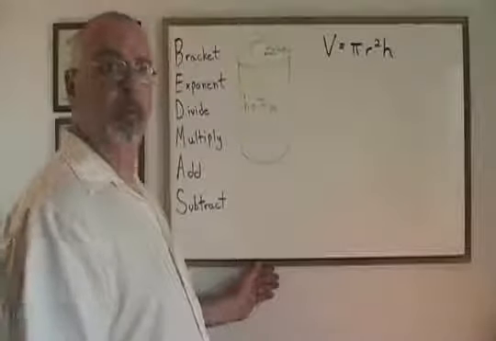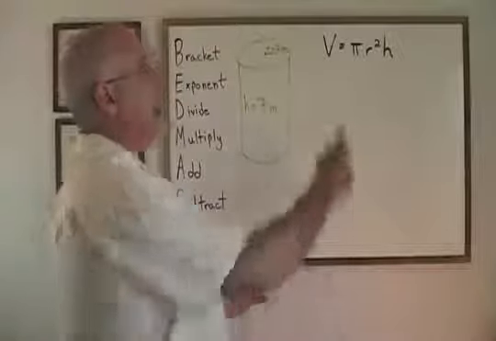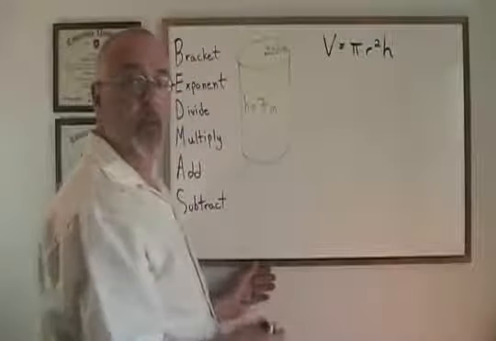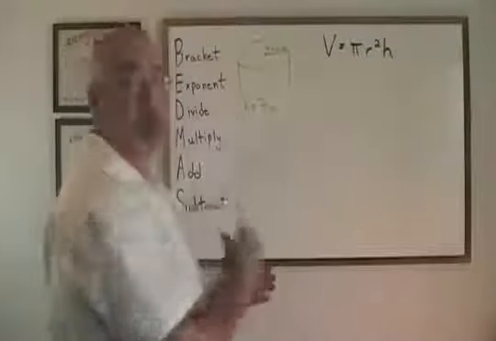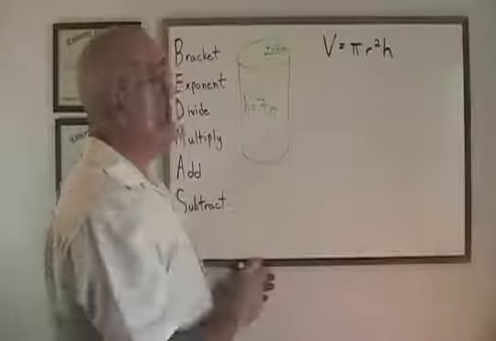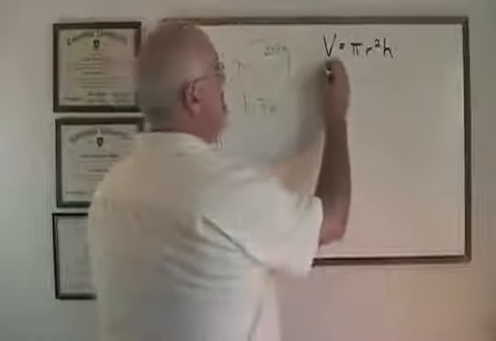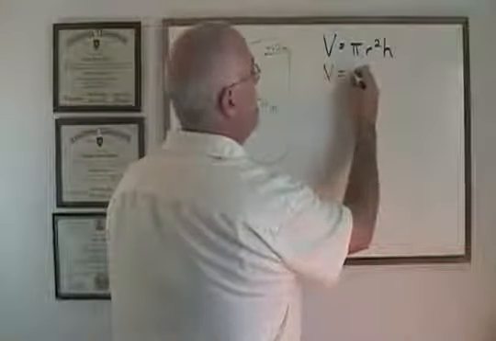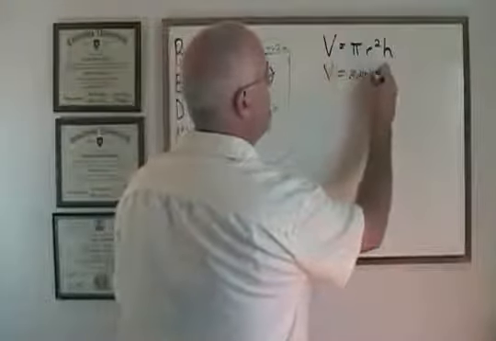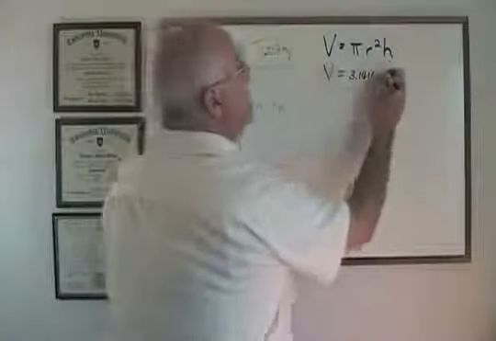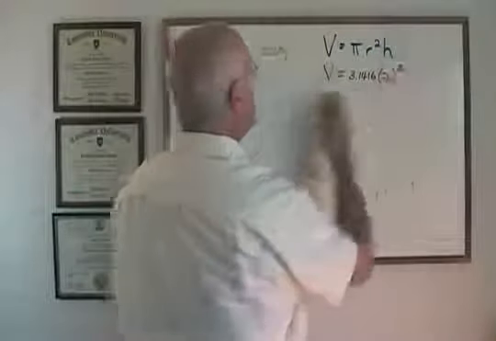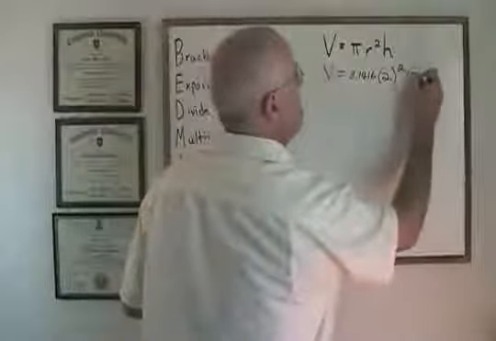Here is another example of a geometric formula which has r squared in it, in which we have to be careful to follow the rules of BEDMAS and square the radius before multiplying. We are using 3.1416 for pi. Our radius here is 2 meters, and our height is 7 meters.